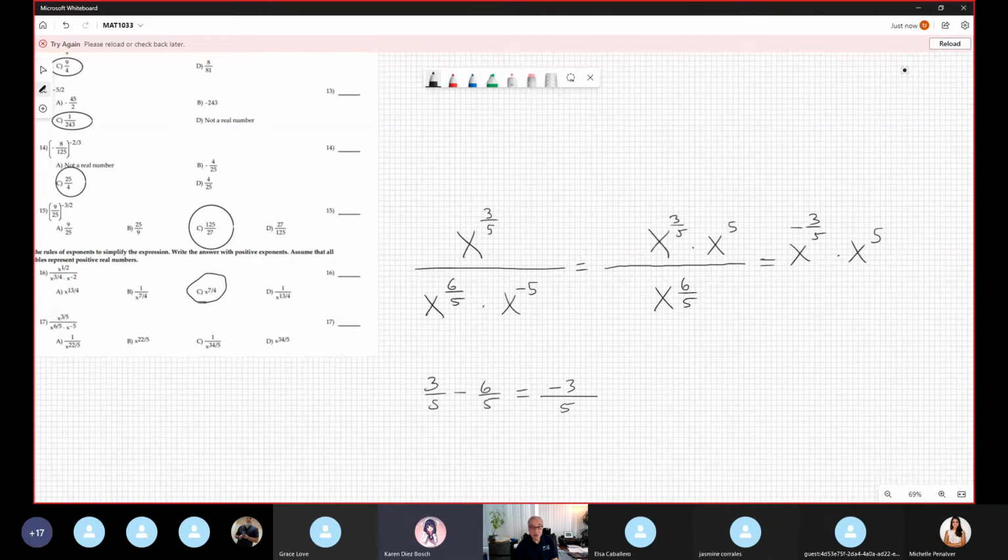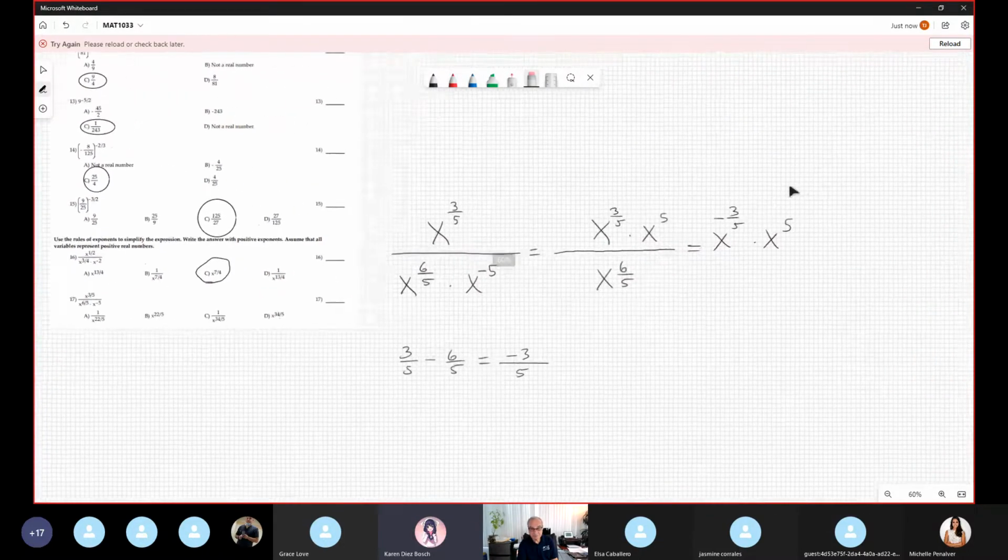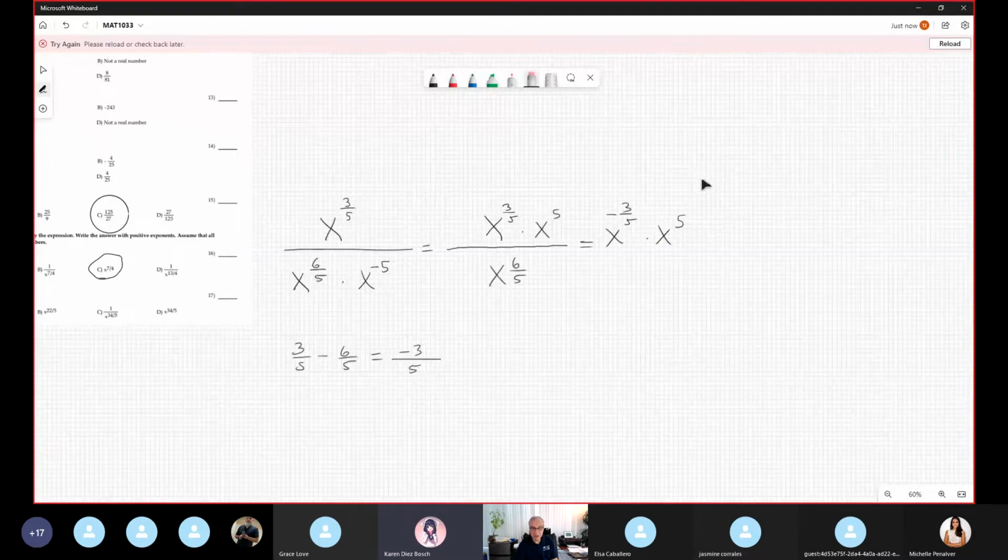Now you say, well, professor, do you recommend I convert this negative exponent to positive? No, or yes, you can. However, in this case, because of multiplication, the exponent is actually adding. 5 minus 3/5.